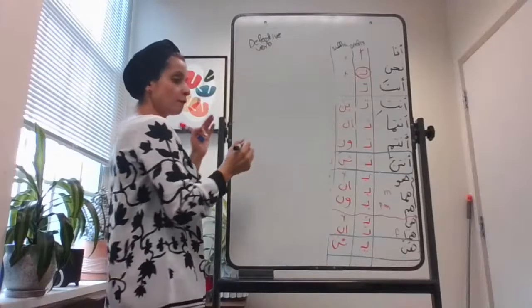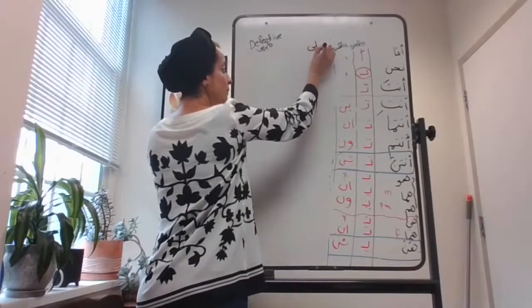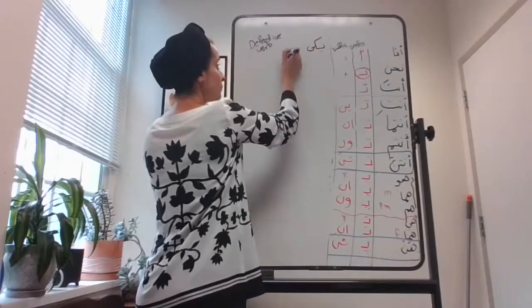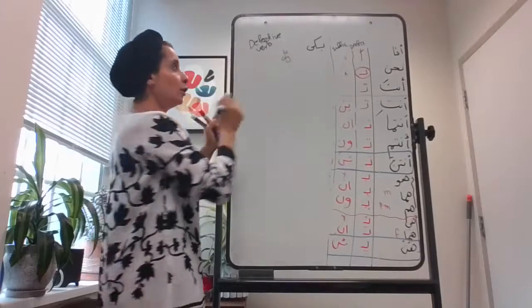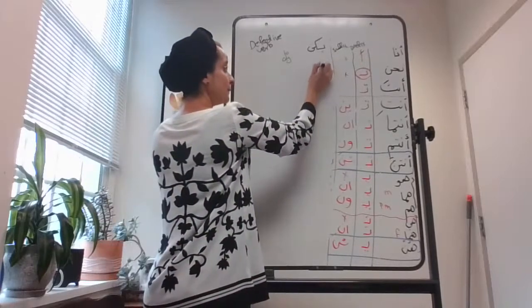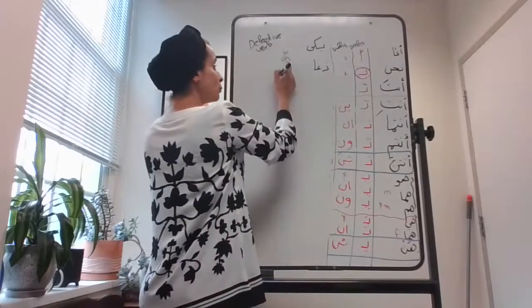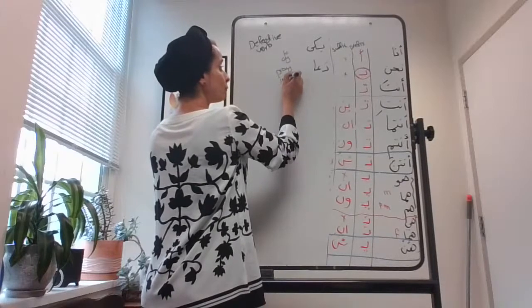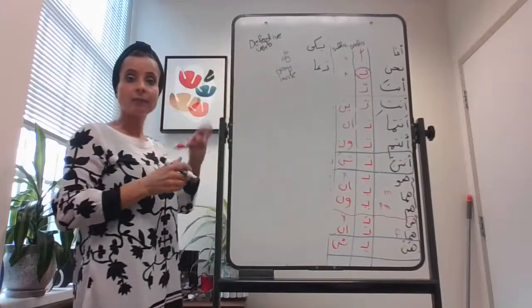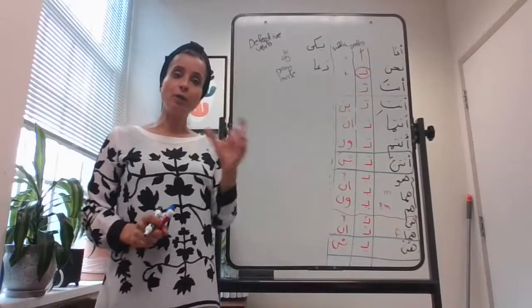For example, like verb baka, baka, verb to cry, or verb da'a, verb da'a, like verb to pray or verb to invite. Okay, da'a. So defective verb is much easier than the hollow verb.